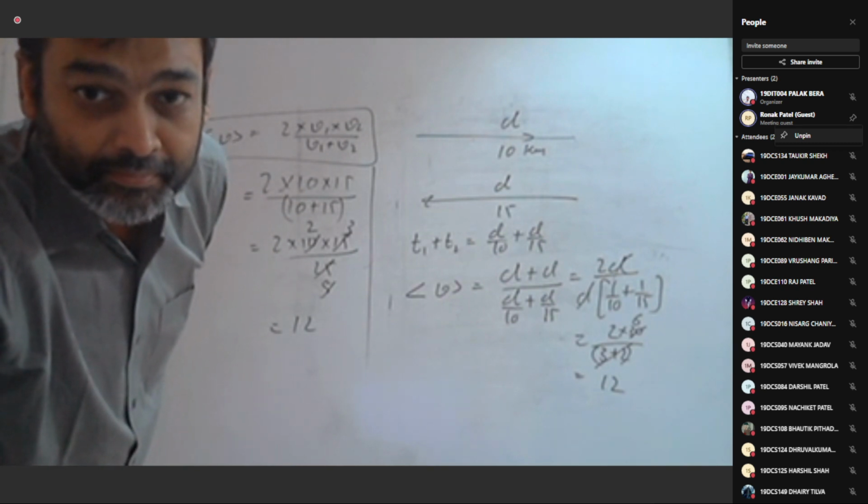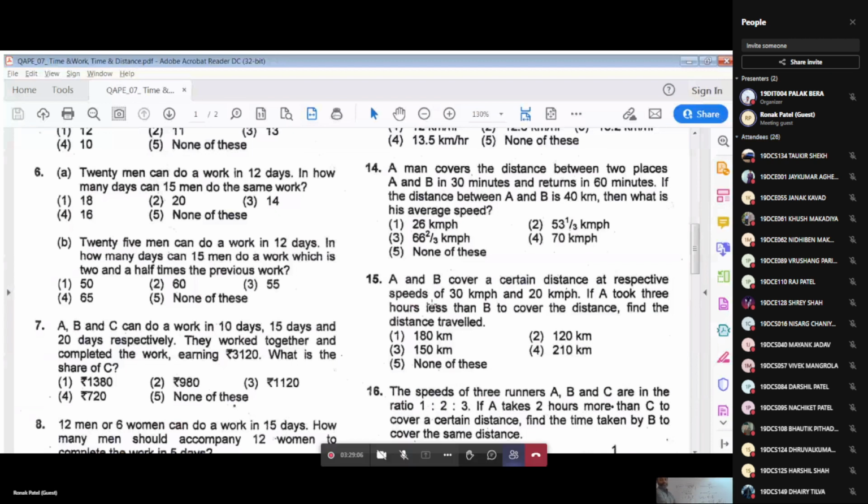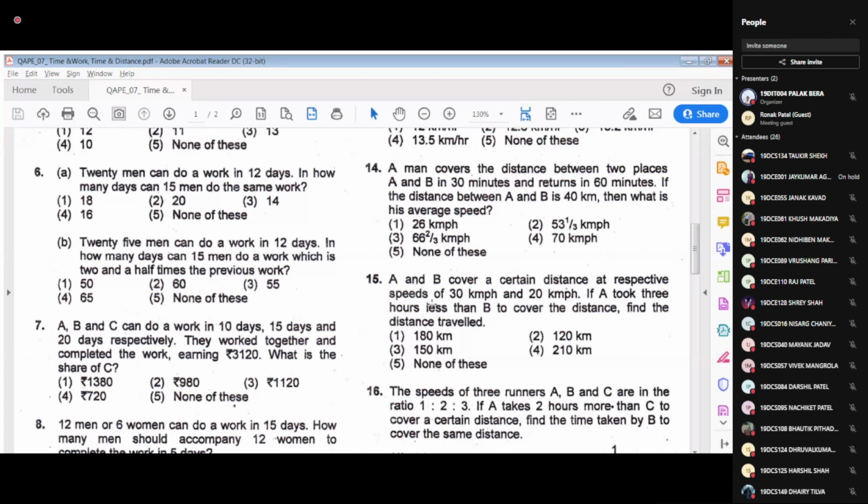Just start with 14 number. It is just like the previous question, but a minor difference is there.